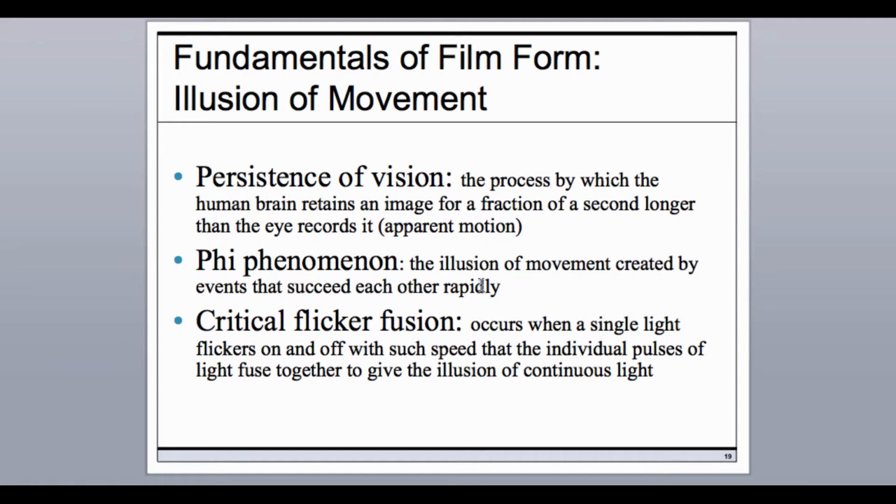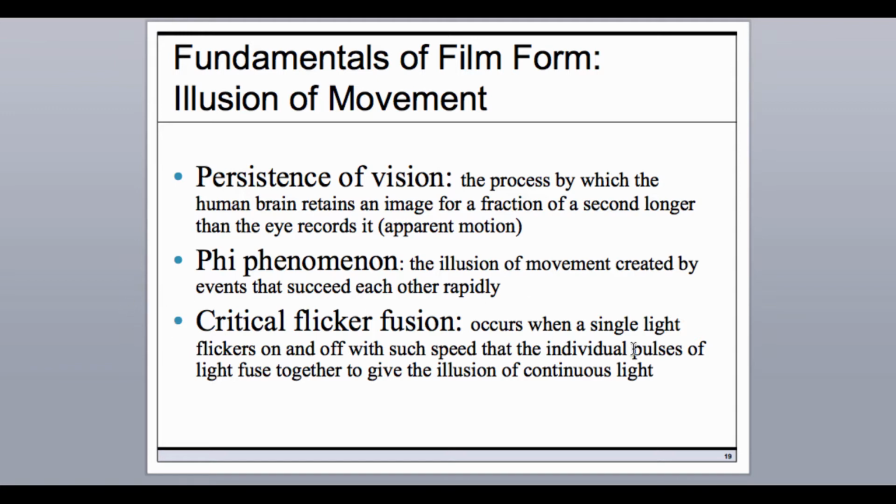The phi phenomenon is the illusion of movement created by events that succeed each other rapidly. So we will get an image of movement that might, let's say, be a threat against someone. And by that movement, we may not actually see an act of violence, but that illusion creates the meaning and we accept it even though we might not witness it.